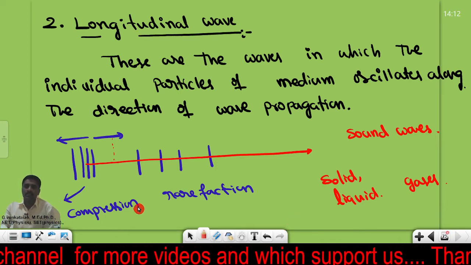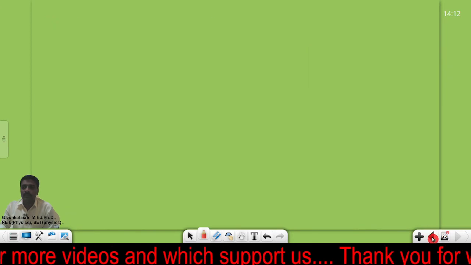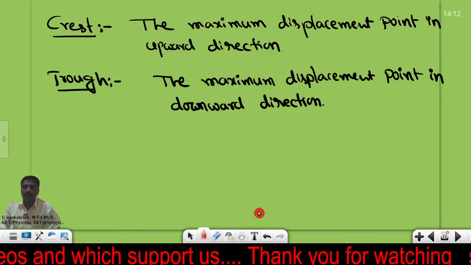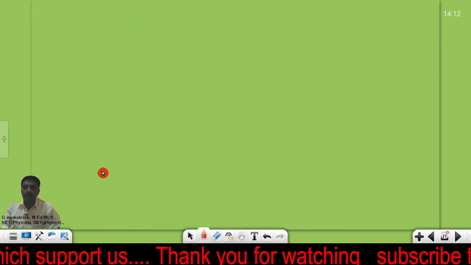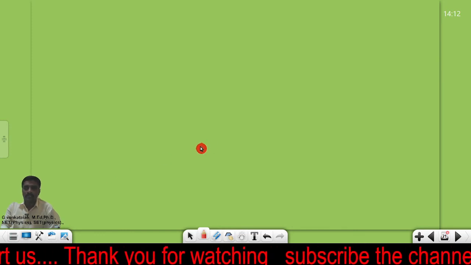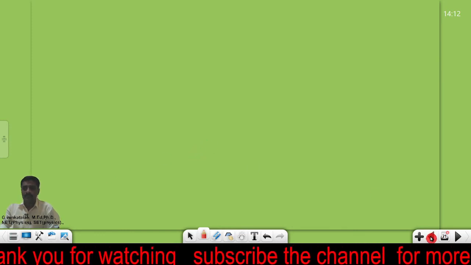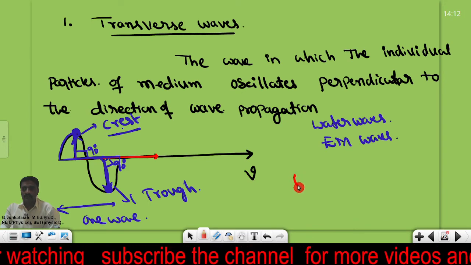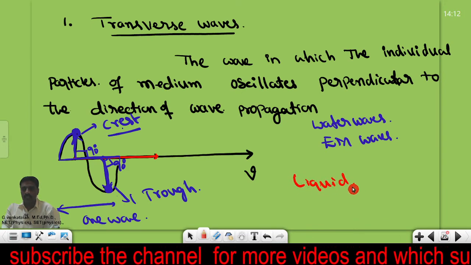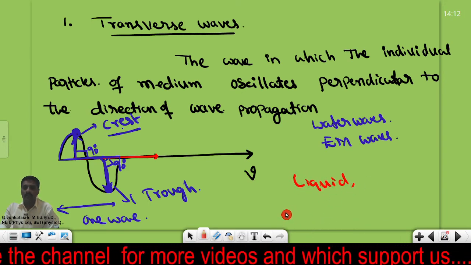But if you observe, the transverse wave will propagate through the liquids only.